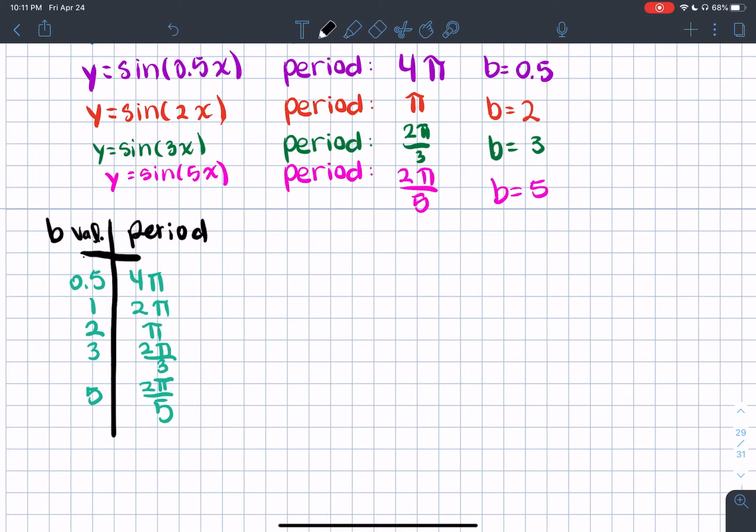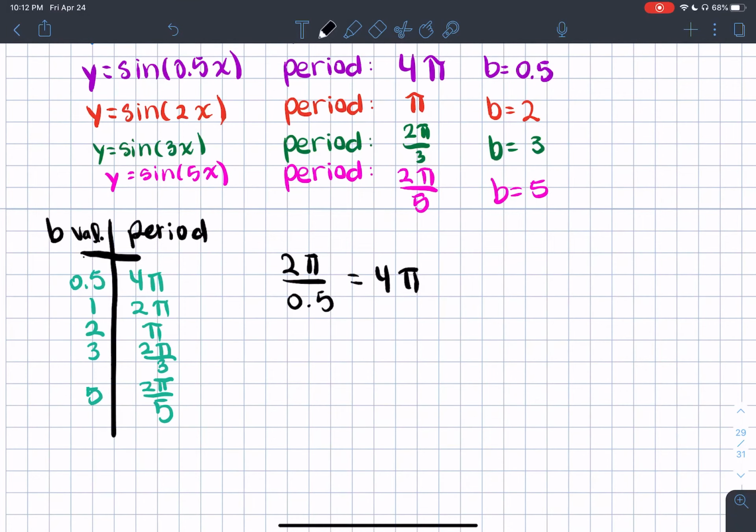So let's see. For 0.5, is it 2 pi over 0.5? Well, this is 4 pi. Does this work for the rest of them? So now that you've thought about if it works for the rest of them, let's talk about it. So for 1, we see 2 pi over 1 equals 2 pi.